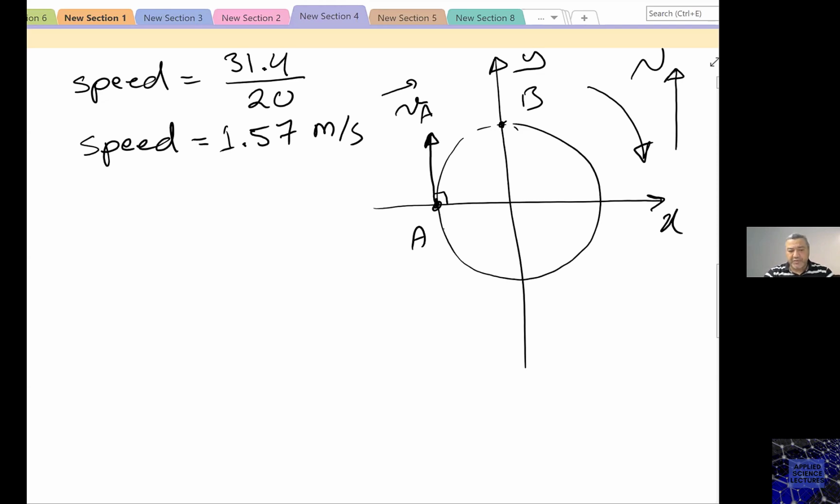If you have a circle, it's always perpendicular, and it's also tangential to the circle. So here I have VA pointing up. What about B? The tangential line at point B would be pointing toward east, right? So this one is VB. Does this make sense?